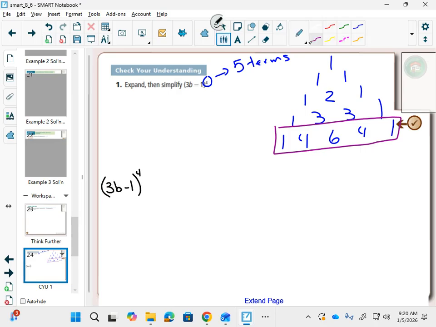So if I want to expand completely 3b minus 1 to the 4, I can start by writing out these numbers, space them out pretty well. 1, 4, 6, 4, 1. I know that those are going to be my coefficients.